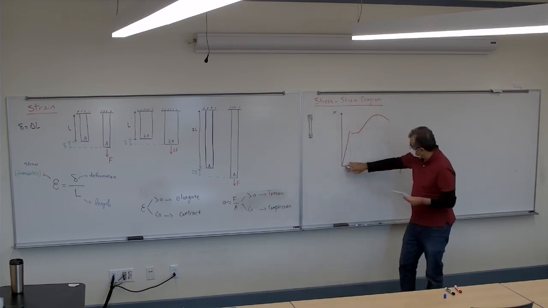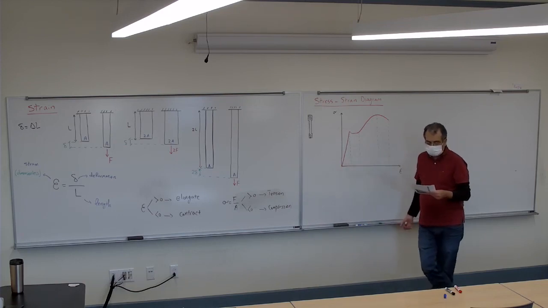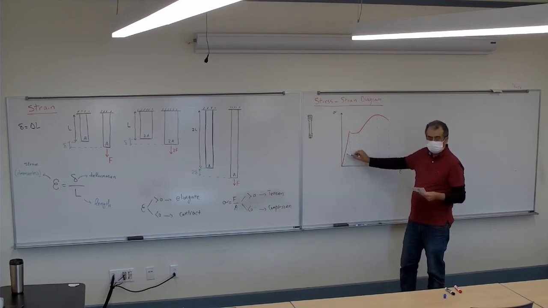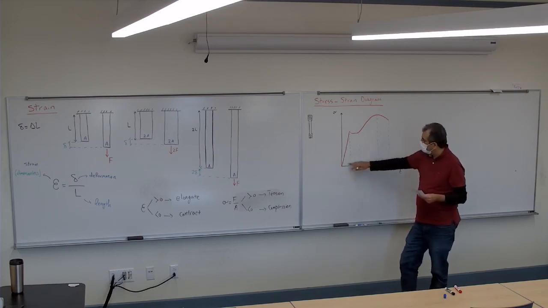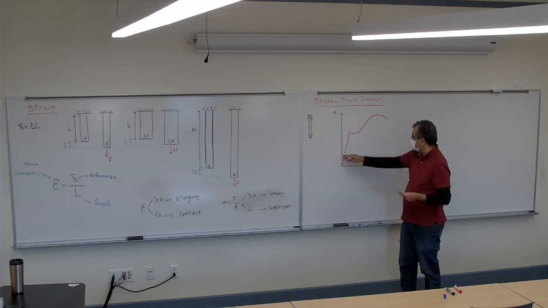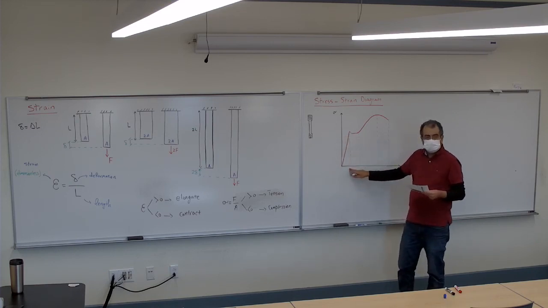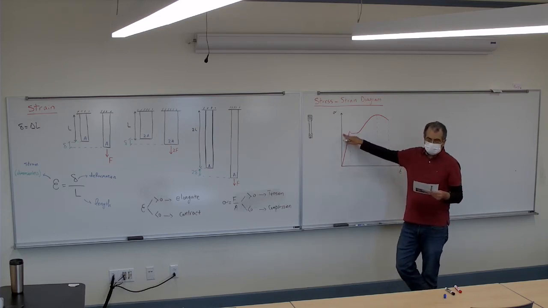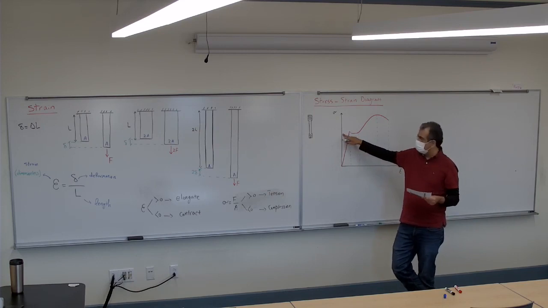Look at the sections here: it goes up, up, up. If I increase the force, the deformation increases. Increase the force, the deformation increases. Until I reach a point here that they call the yield strength.